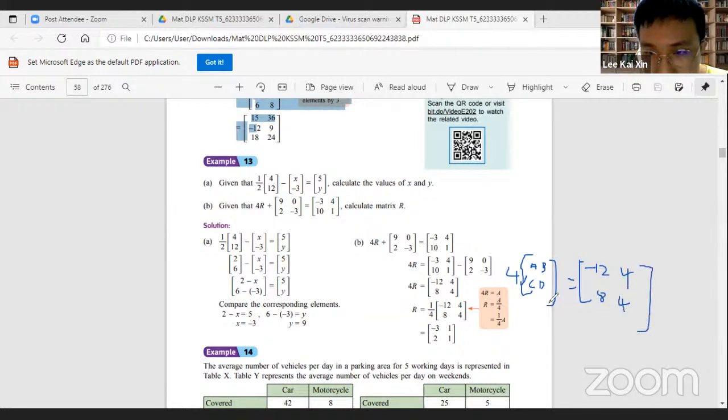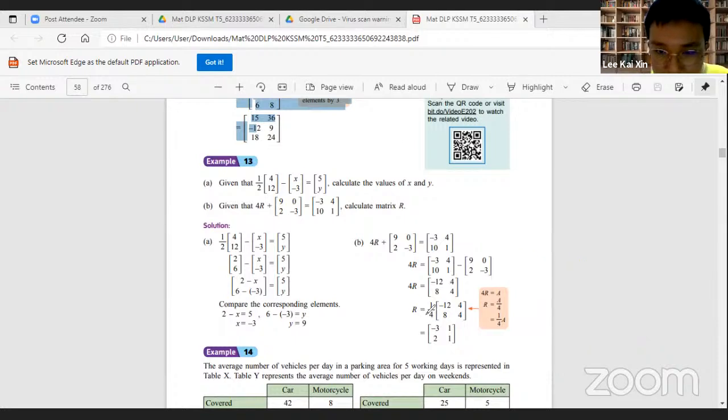So actually it's the same. Then you put 4A equals to negative 12, and then A will be negative 3. Then you continue like that. But I don't recommend this step because it's very long. You just follow the book. So R, you just divide by 4 like that. This should be simpler.